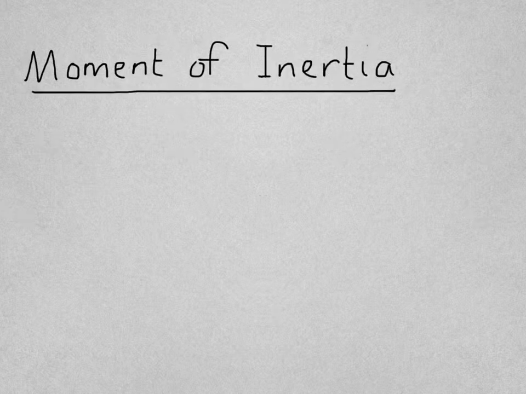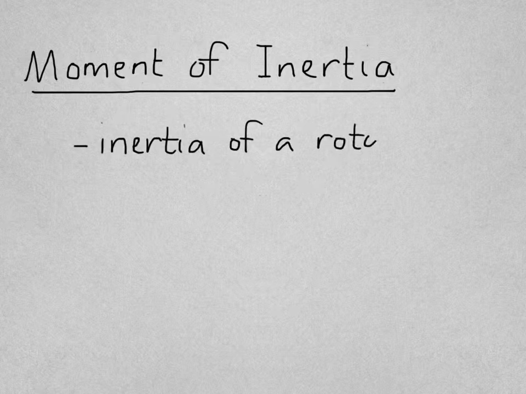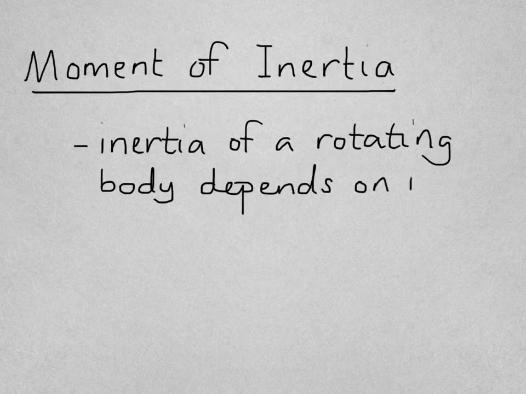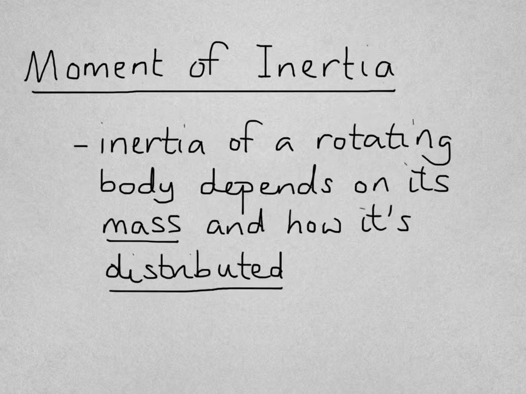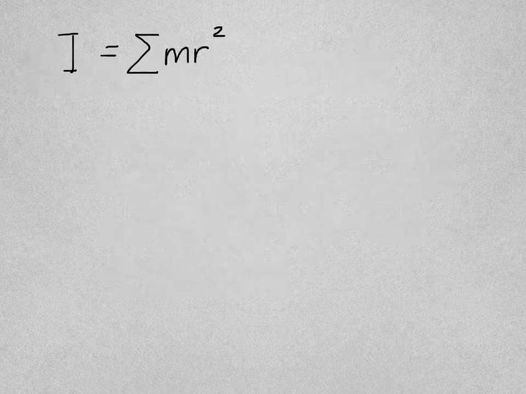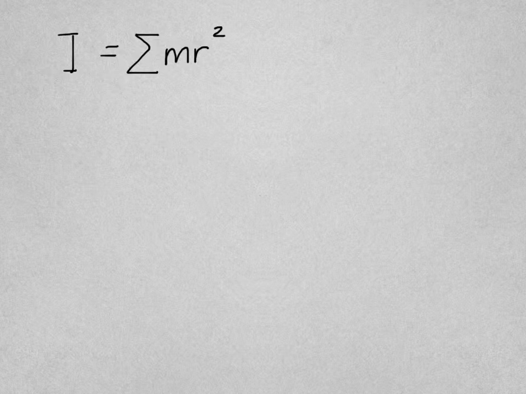Now the next thing we need to think about is something called the moment of inertia. Everything with mass has inertia, but when you're rotating something we talk about the moment of inertia, because the inertia of a rotating body depends on its mass and how the mass is distributed. So a diagram might help here. The formula for moment of inertia is sigma mr squared.